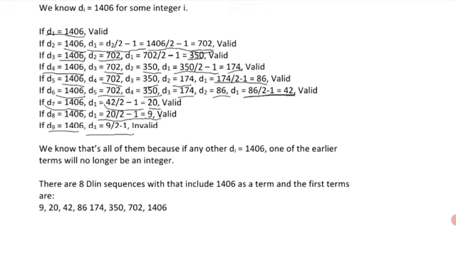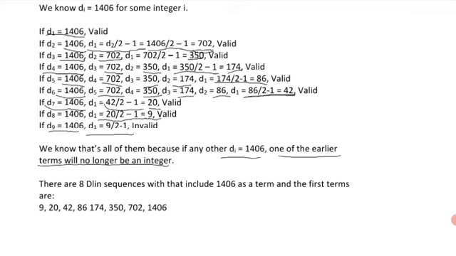Now, how do we know that that's all of the possible d-lin sequences that have the term 1406? Well, if there's some other di, let's say for some bigger number, d100, is equal to 1406, then one of the earlier terms will no longer be an integer.